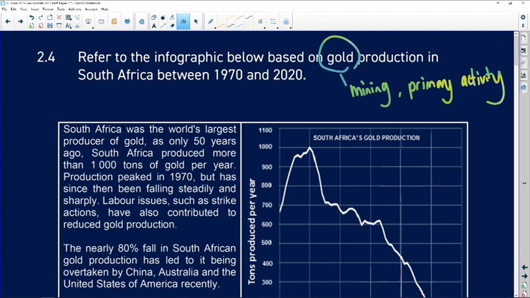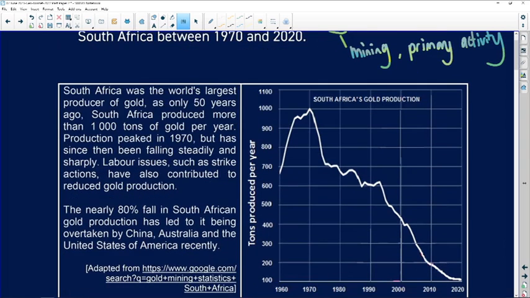Now if you look at the case study, we've been provided with a graph. South Africa was one of the world's largest producers of gold. Only 50 years ago, South Africa produced more than 1,000 tons of gold per year. Gold production peaked in 1970, and since then has been falling steadily and sharply.